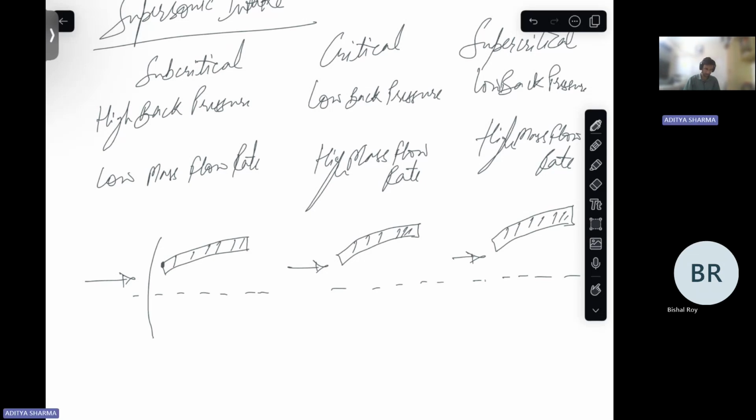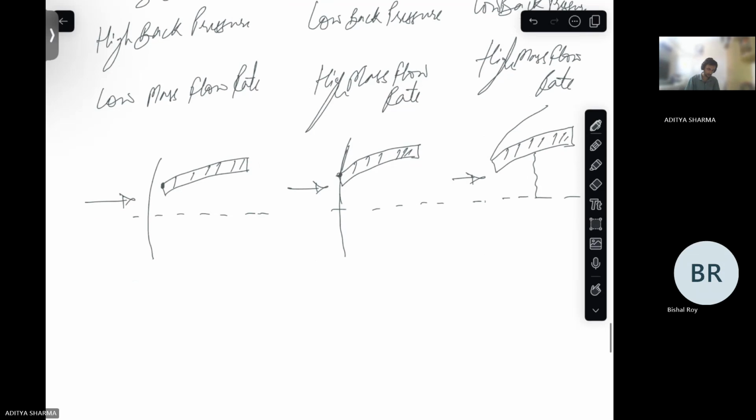Then for your critical case, this will be attached to your intake. For your supercritical case, your shock will be inside this, and outside this there will also be one external shock. This is the internal shock. This is the external shock.